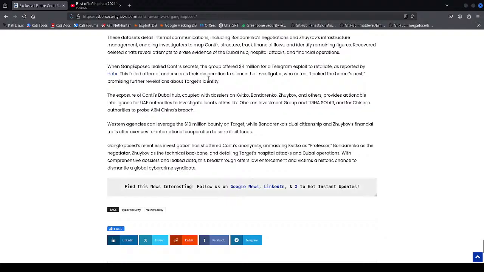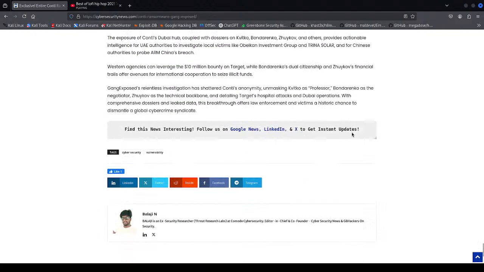The exposure of Conti's Dubai hub, coupled with dossiers on this guy and that guy, provides actionable intelligence for U.S. authorities to investigate victims like Obitcan Investment Group and Trina Solar, and for Chinese authorities to probe the Arms China breach.